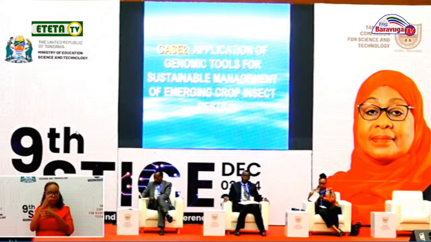Case 2 is application of genomic tools for sustainable management of insect pests. We know that one of the biggest problems affecting crop productivity in Africa is the persistent occurrence of insect pests.